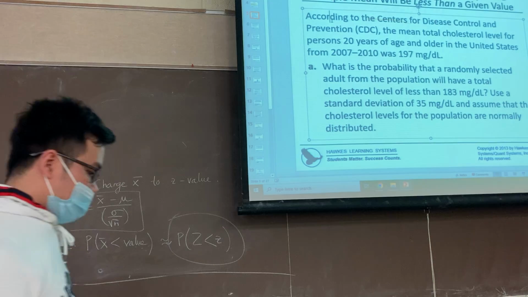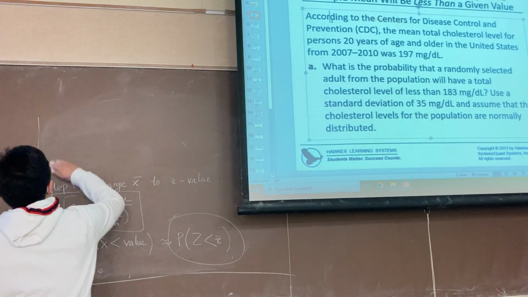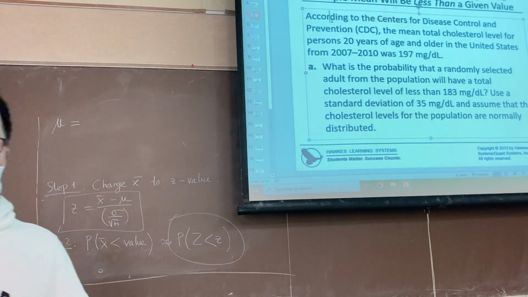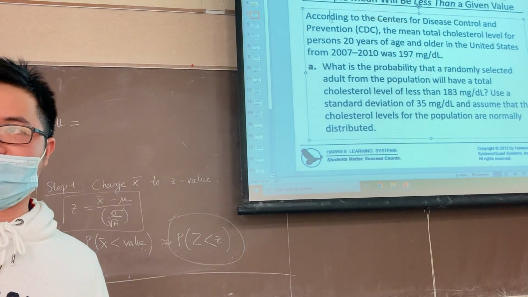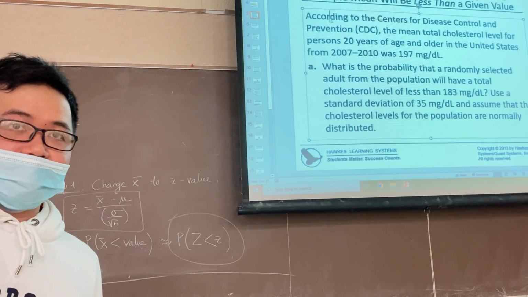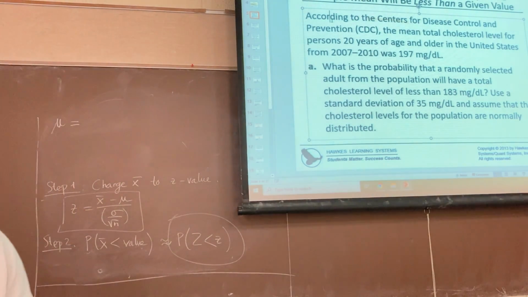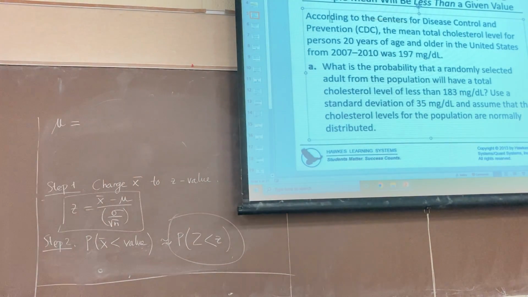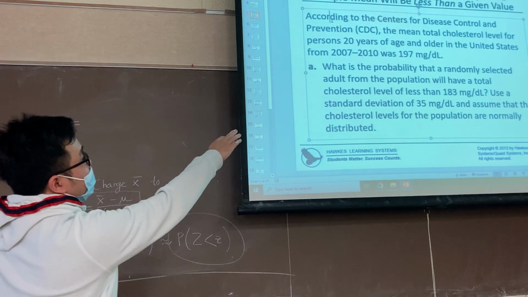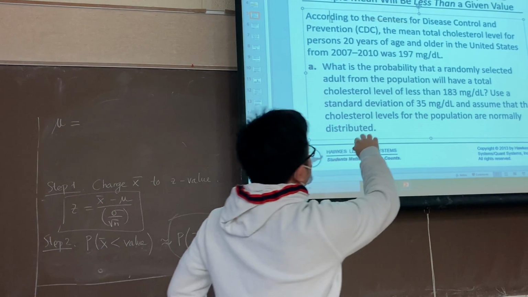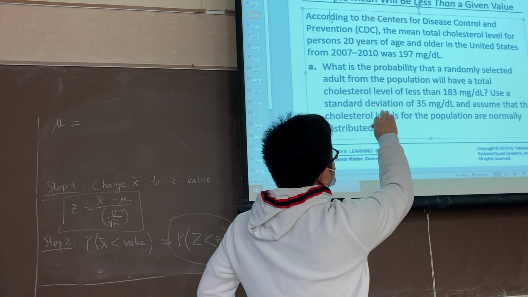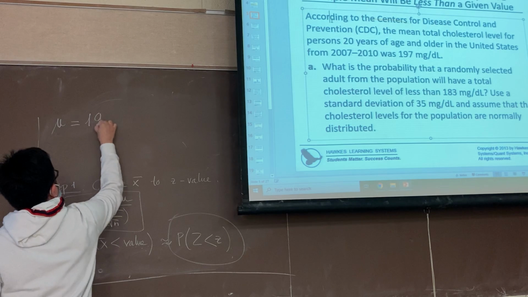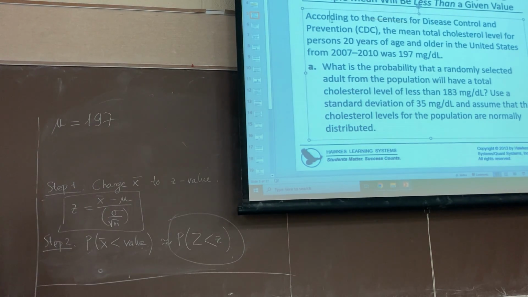Could you tell me what the mean of the population is in this case? Madeline, okay. It's 197, exactly. The mu here, you look at the keyword, the mean. The mean total cholesterol level was this number, right? We have the information for this.